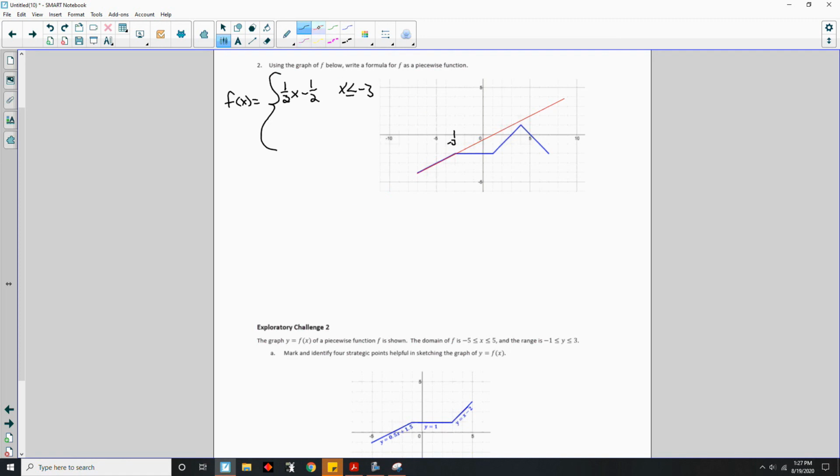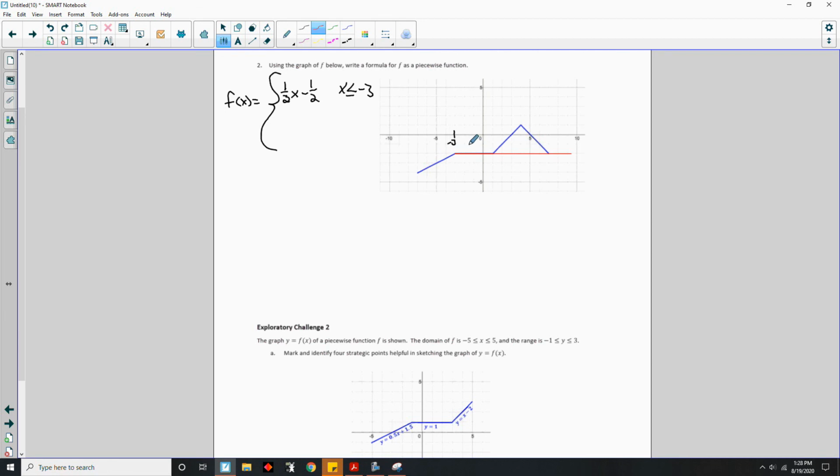Now let me switch to red for the next piece. Before I do anything, I'm going to take my segment and move it up to this end and then down to this end. As you can see, the slope is 0. I don't really need the line segment at this point because I can see where it crosses the y-axis.